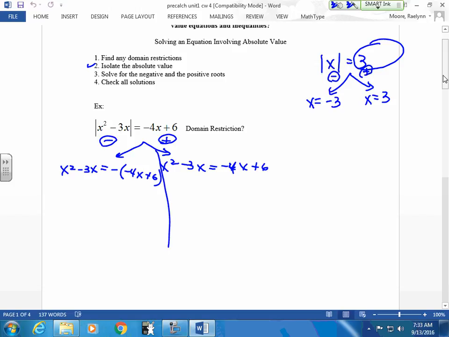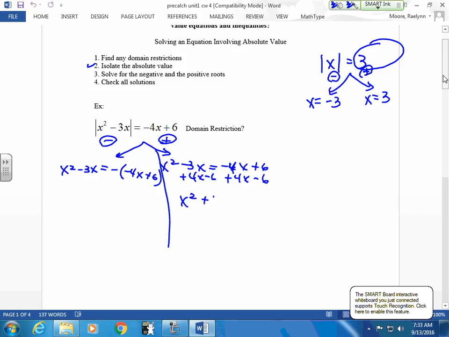So now solve. Get everything to one side. And do this in here.